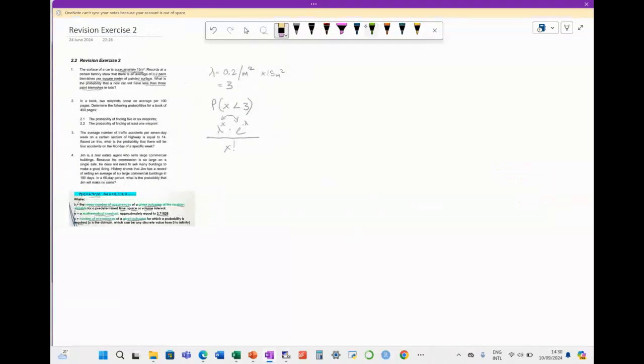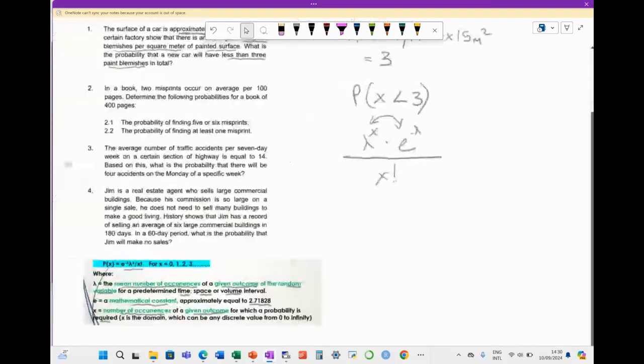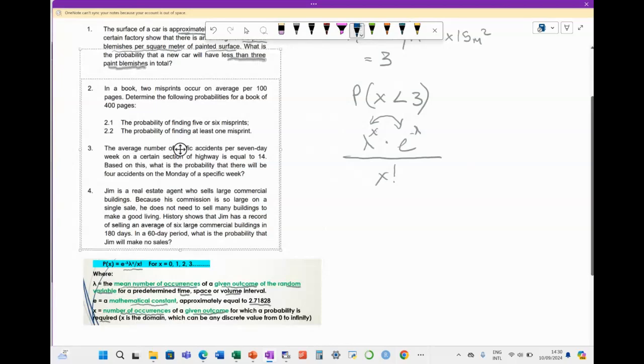With this next one, let's use blue. We are saying in a book, 2 misprints occur on average per 100 pages. Determine the following probabilities for a book of 400 pages.